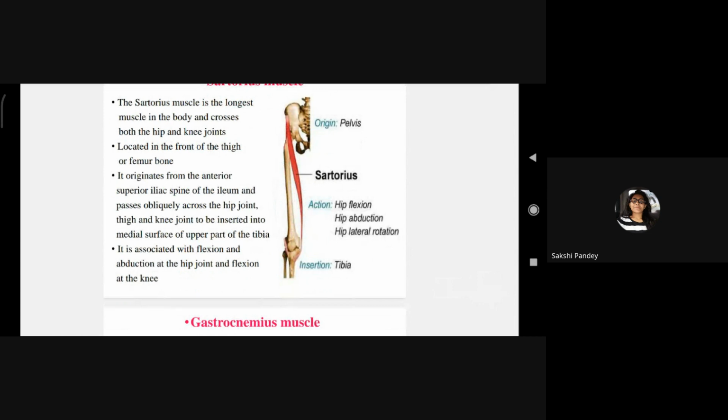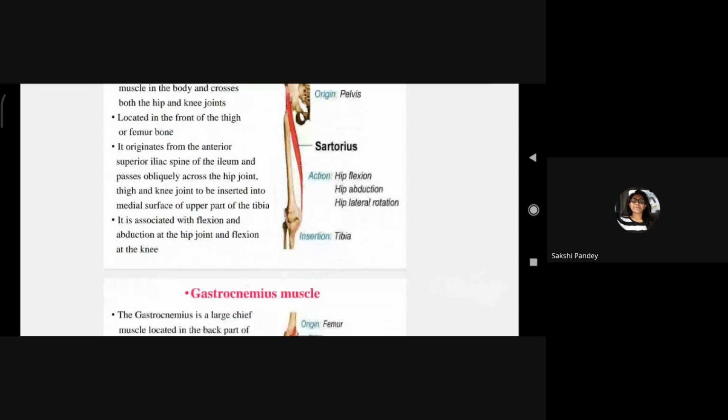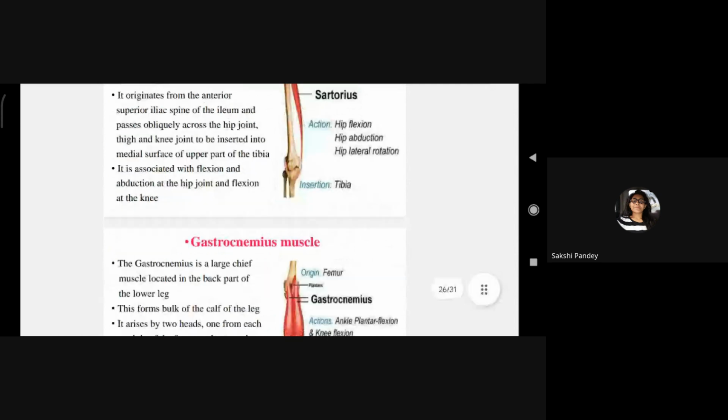It is associated with flexion and abduction at hip joint and flexion at knee. So what it does, it flexes and abducts the hip and flexes the knee. Actions are hip flexion, hip abduction, and lateral rotation too.